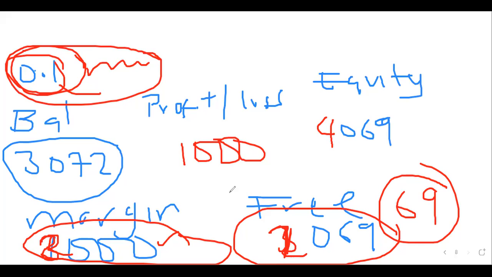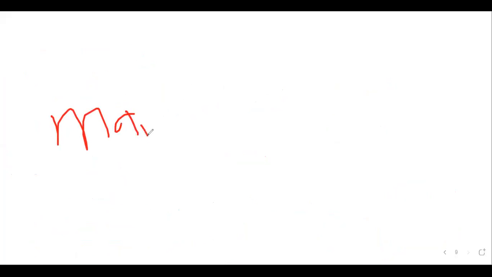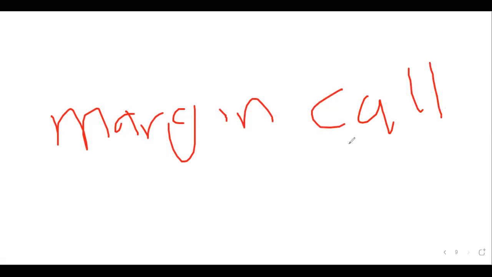But when your free margin reduces to negative, from 0 down, you get what they call a margin call. Because at that point, the broker can no longer give you the loan.